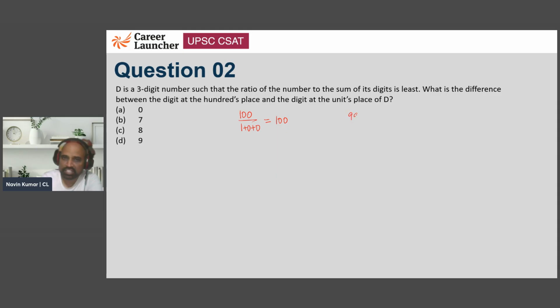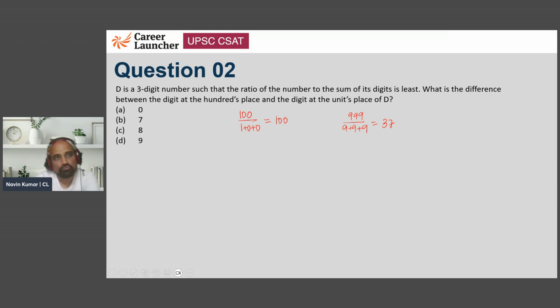If you take the largest 3-digit number, 999, and divide it by 9 plus 9 plus 9, this is 999 by 27, which is 111 by 3, which will give us 37. Now, instead of 999, if I write 111, it will still give me 37. If I write 888, it will still give me 37.